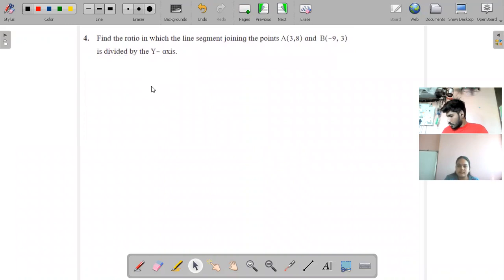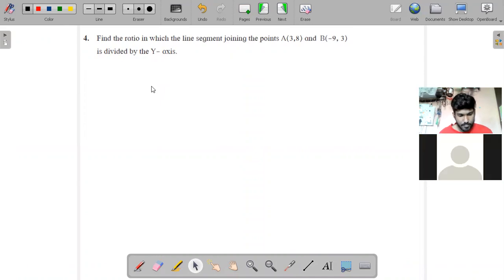Find the ratio in which the line segment joining point A 3, 8 and B minus 9, 3 is divided by the y-axis.